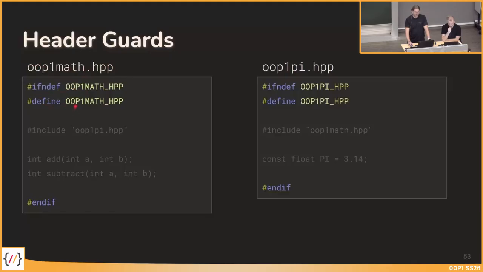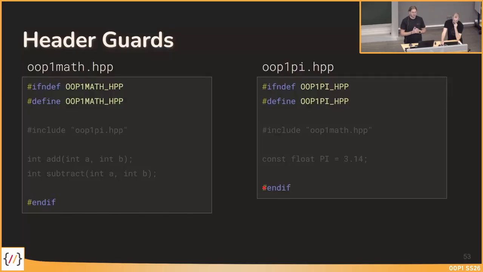Then we define OOP1 nav underline HPP. Then we have this include here, and then we have the end if. And we do a similar thing here in our other header file. So again, we have the if not defined, then OOP1 pi HPP. We define it, and we end this.